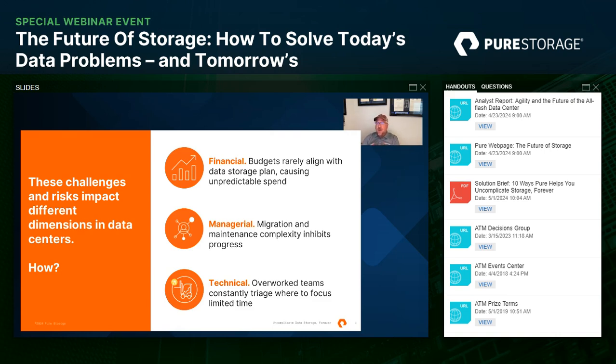So we know that they rarely align, but what are the vendors doing about it in order to make that more successful? Managerial, the idea of migration and maintenance complexity inhibits progress.